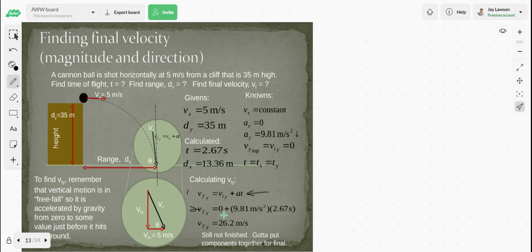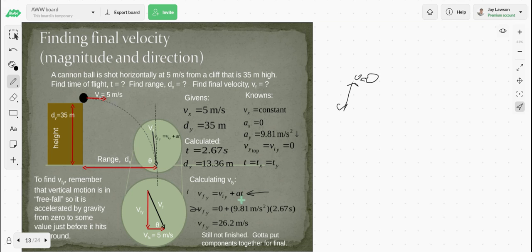My values. The initial velocity is substituted as 0 because the initial velocity at the top in the y direction, now think of this to be like an object in free fall, is going to be 0 at the very top. Okay, so that's why I put a 0 in.